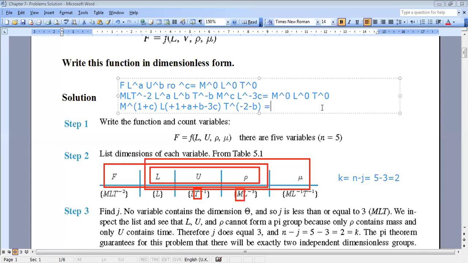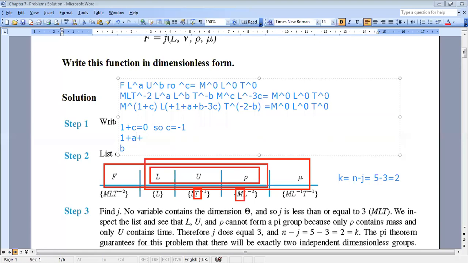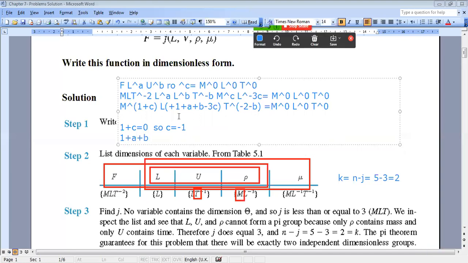So now, all I have to do is to write my three equations. First, the coefficient of M should be equal from the two sides. So 1 plus C should be equal to 0. This is my first equation, which gives me C equal to minus 1. Then the second equation is for the coefficient of L. I have 1 plus A plus B minus 3C should be equal to 0.